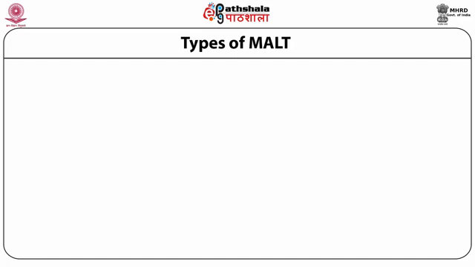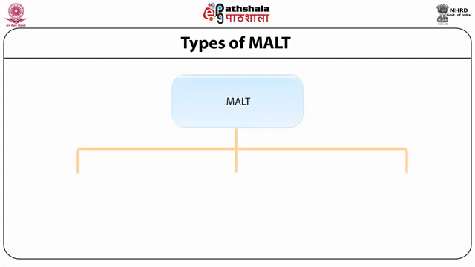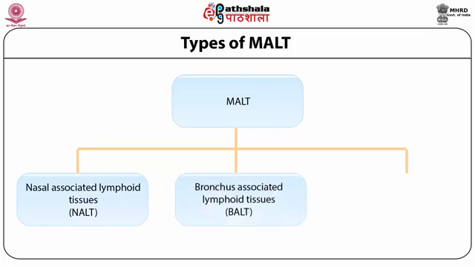Depending upon their association with a specific kind of tissue, MALT can be subdivided into NALT, BALT and GALT. NALT stands for nasal associated lymphoid tissues. BALT stands for bronchus associated lymphoid tissues.